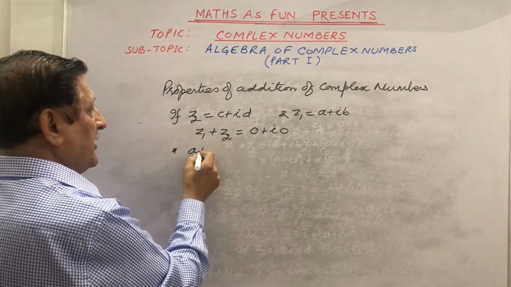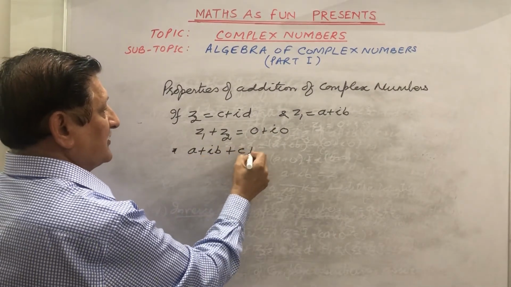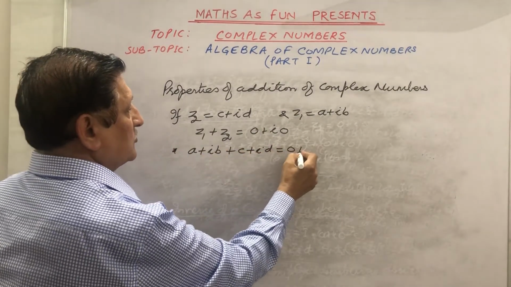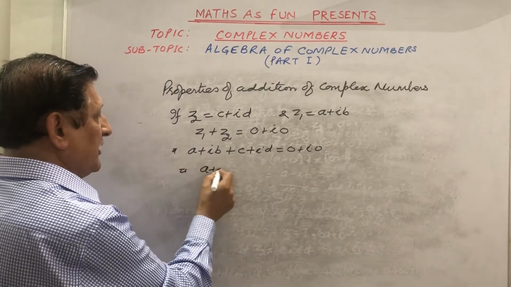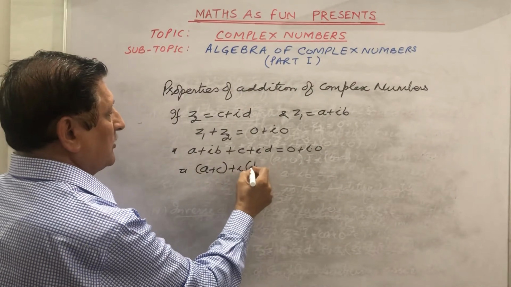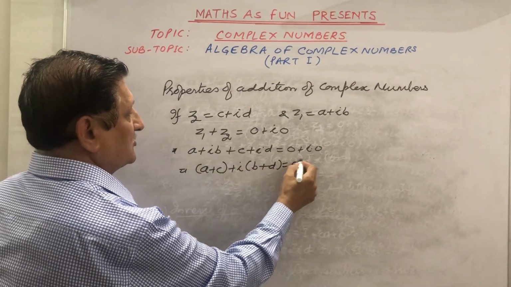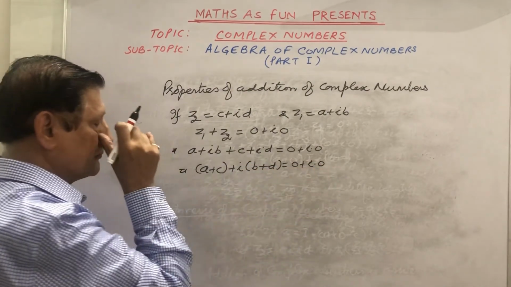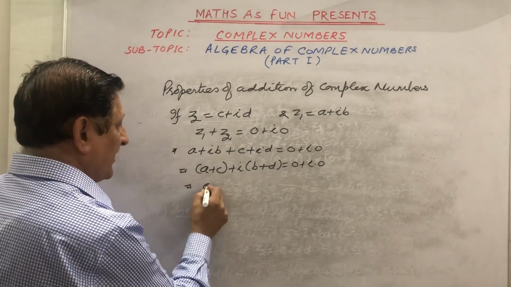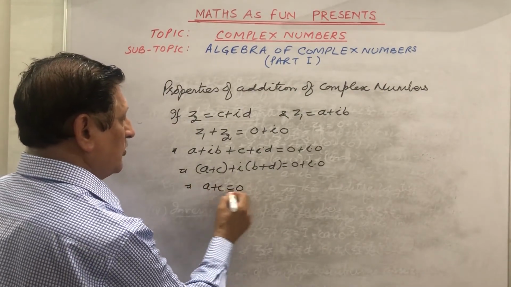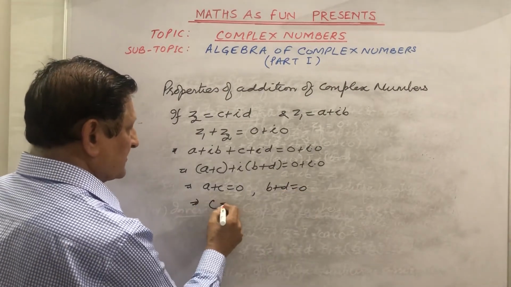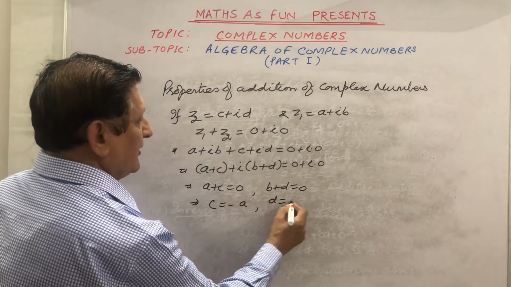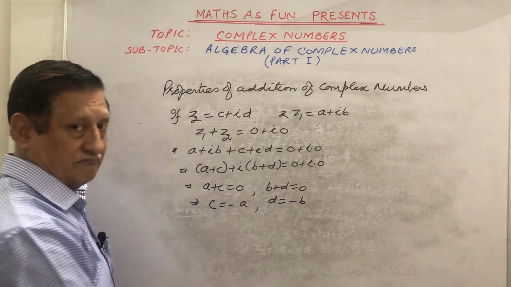It means a plus iota b plus c plus iota d is equal to 0 plus iota 0. That gives you a plus c plus iota b plus d is equal to 0 plus iota 0. Then we find that a plus c is equal to 0 and b plus d is equal to 0, which implies that c is equal to minus a and d is equal to minus b.